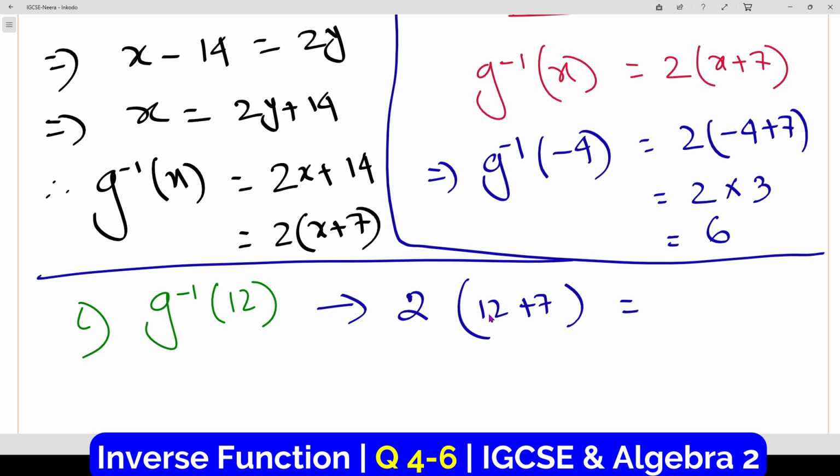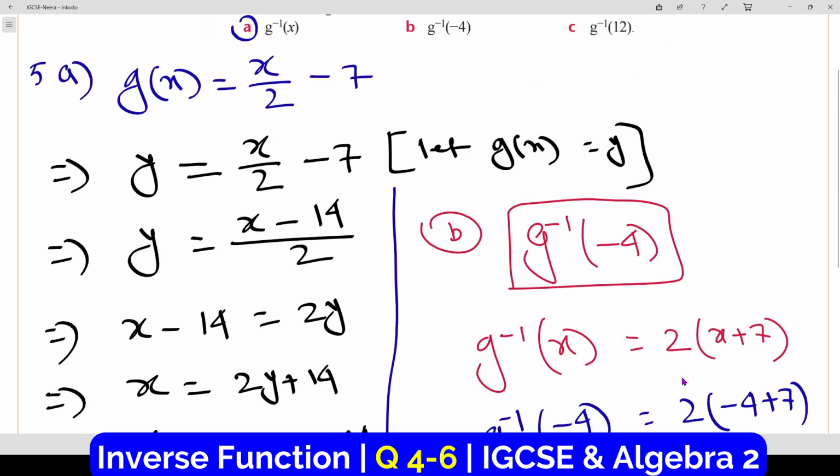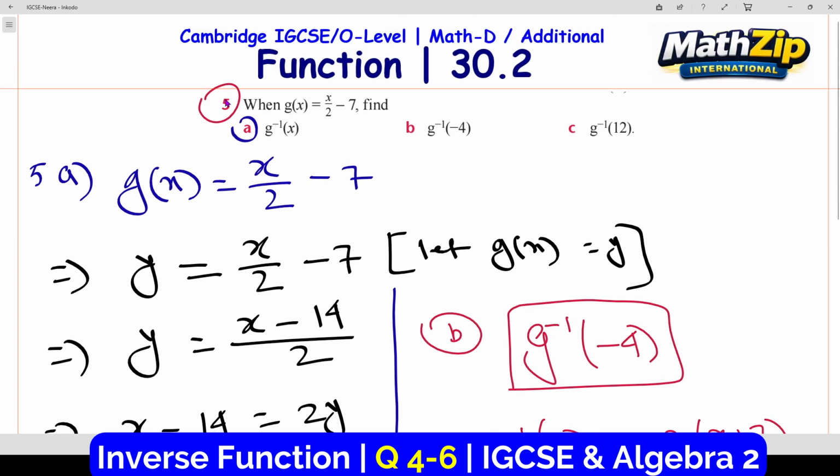So 12 plus 7 is 19. So 2 times 19 equals 38. Please note that we just put the value here in 2 times (x plus 7), so here x equals 12. So this is our number 5 done.